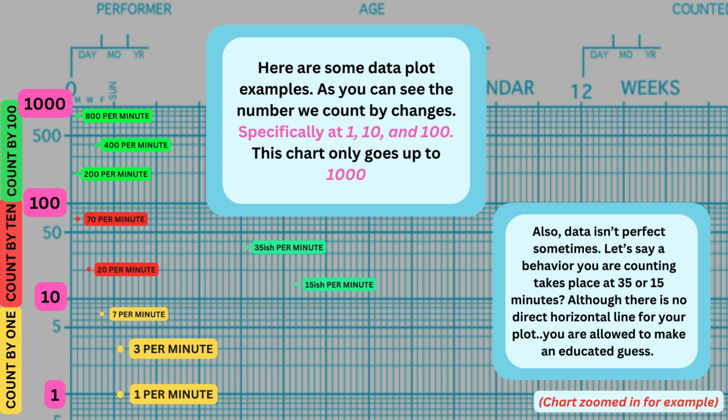As you can see, we're zoomed in a little bit. This is our 1 line. Every time we see one of these thicker numbers, the number we count by changes, specifically at 1, 10, 100, and 1000. Say I have a count of 1 behavior per minute. That's pretty easy. Graph it on the 1 minute mark.